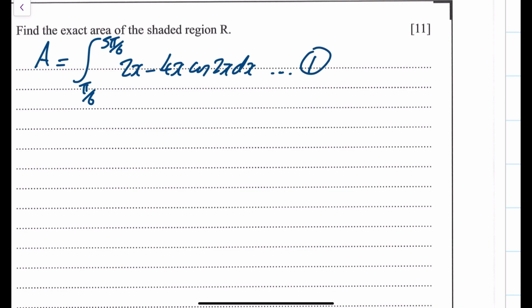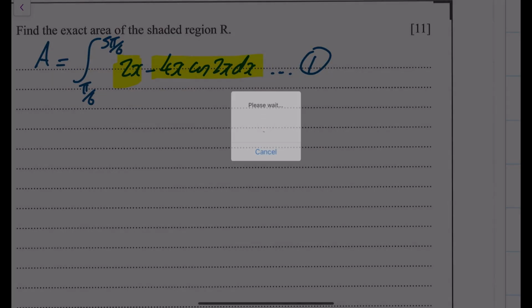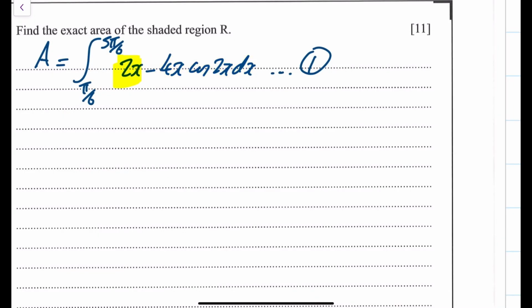And I'm going to separate this, because this bit is really easy to integrate. This bit here is a good bit harder. So I'm going to do that second bit first, the second integral, and then we'll come back to my area, which I've called equation 1. So I'm going to investigate the integral of 4x times cos of 2x dx.